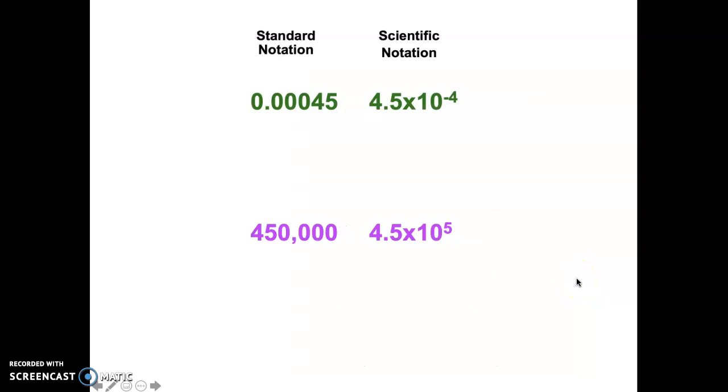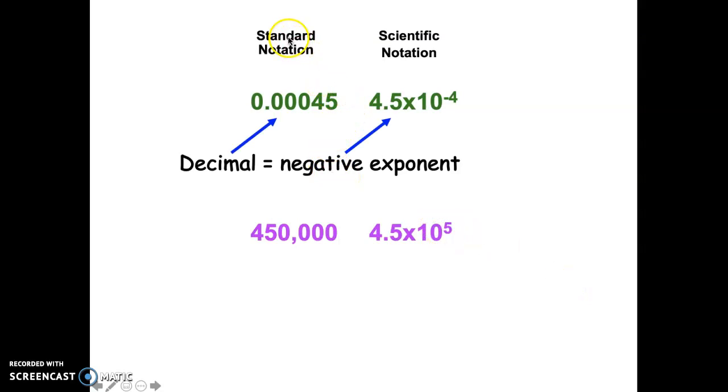Okay, take a look at this. In standard notation, we've got a decimal. So if I'm going to convert that to scientific notation, I know that the exponent on my power of 10 had better be negative because I've got a decimal number here. My exponent has to be negative.